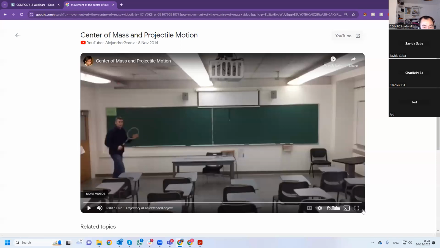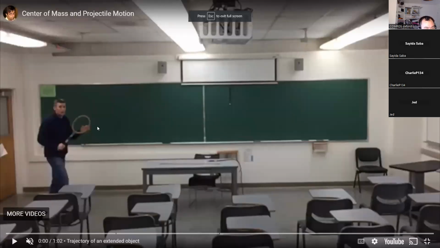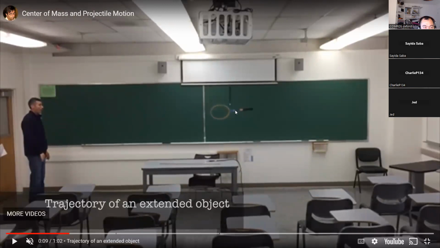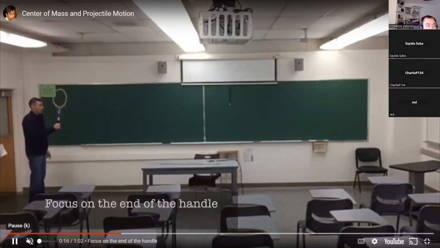So this is a tennis racket being thrown across the classroom, and I press play, and you can see how the racket moves. The center of mass of the racket is approximately at this white point, roughly. Now follow the track by focusing on the end of the handle.